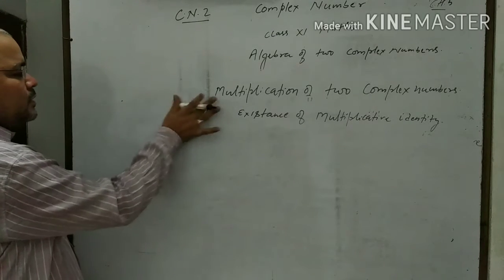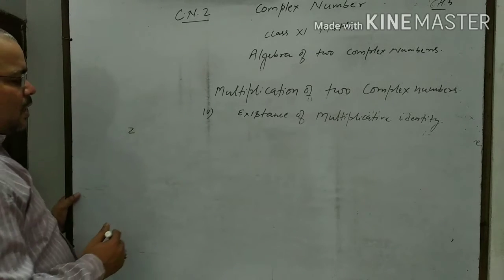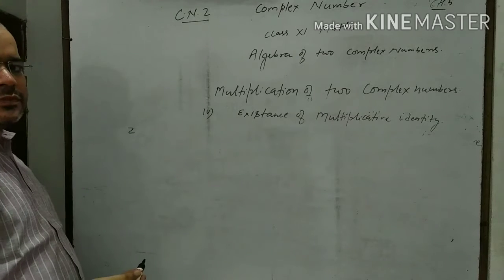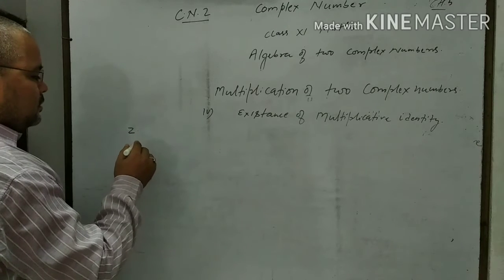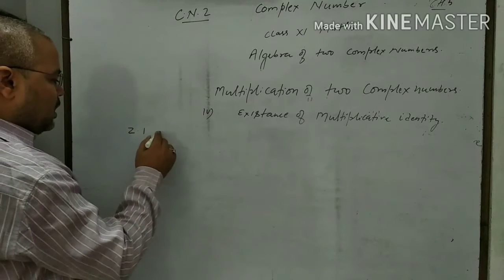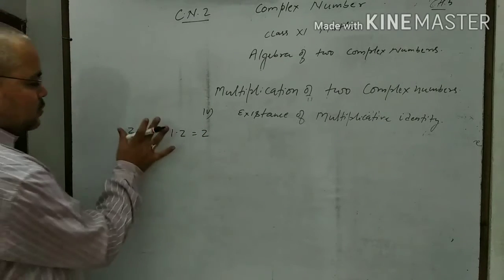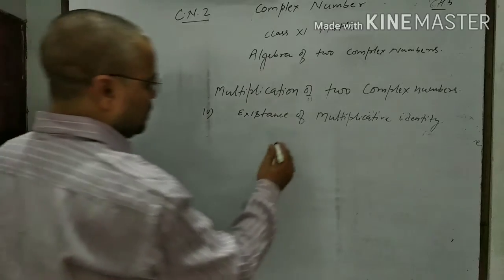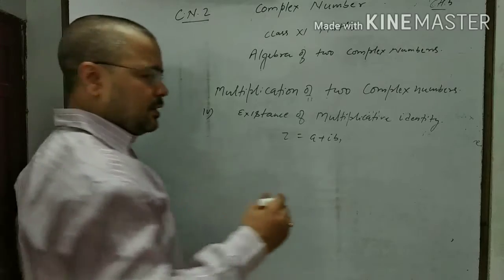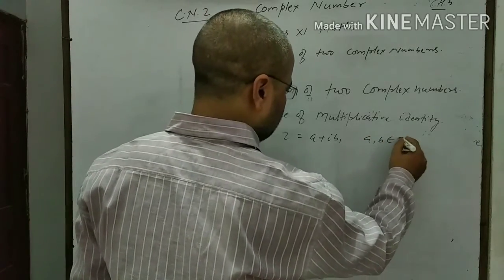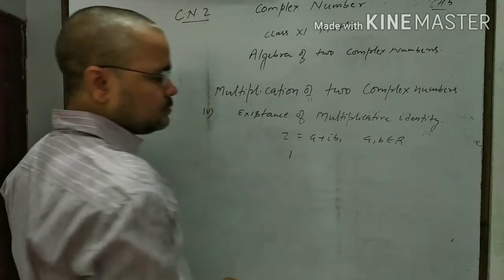Similarly, in the case of complex numbers, if we have any complex number z and multiply it by 1, or 1 multiplied to z, it always gives z. So here, let a complex number z be equal to a plus ib, where a and b belong to the real numbers.